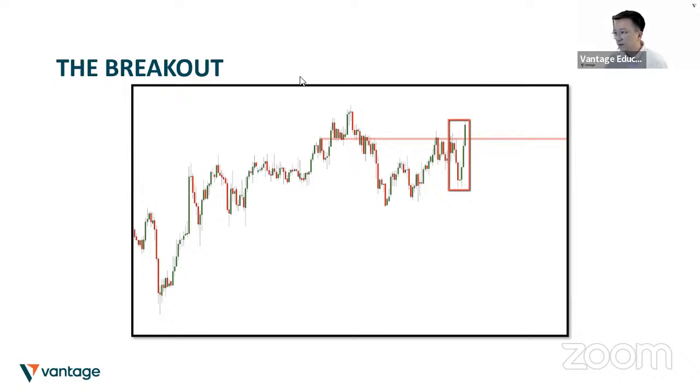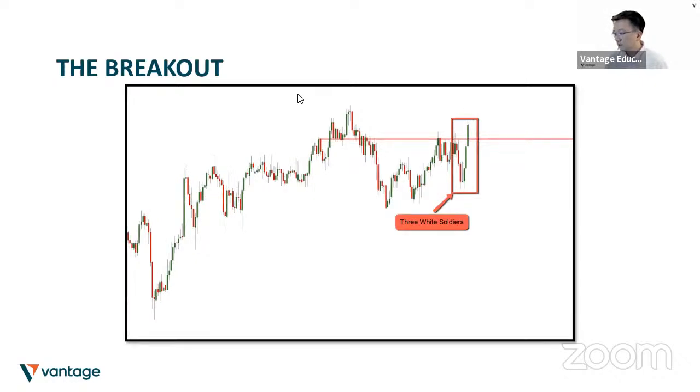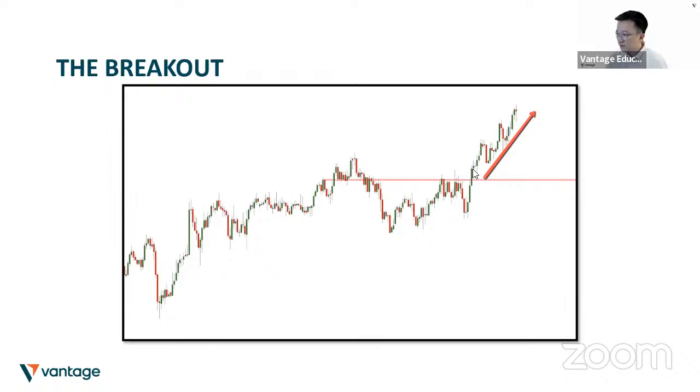So if I do that, three white soldiers there, 1, 2, 3, and then you can see price pushing up towards upside. Again, back to those three, 1 here, 2, and 3.